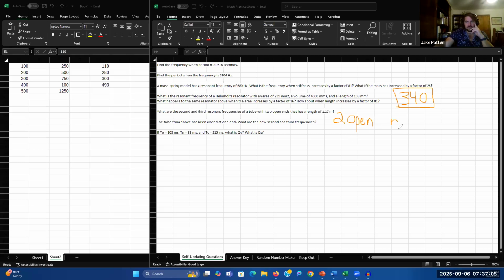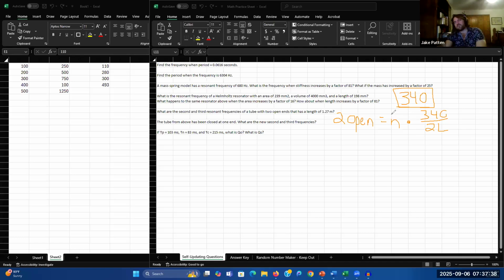So it's just N. Part of the formula just has N: N times 340 over 2L. What that means is you take the length of the tube, multiply it by 2, divide 340 by that answer, and then multiply that answer by whatever harmonic you're looking for.